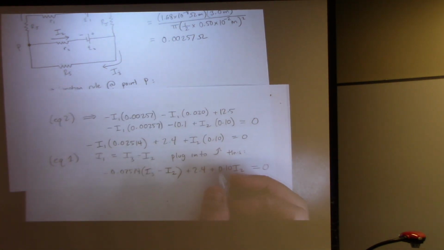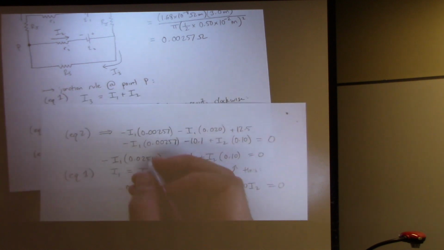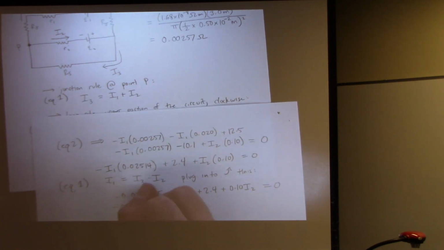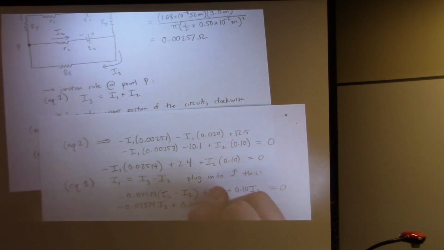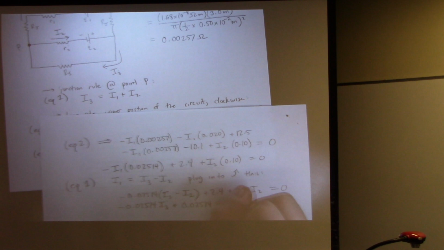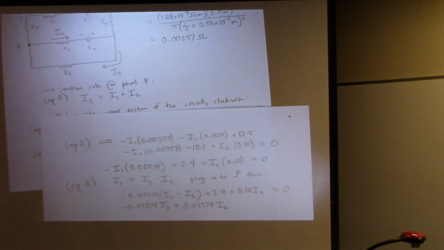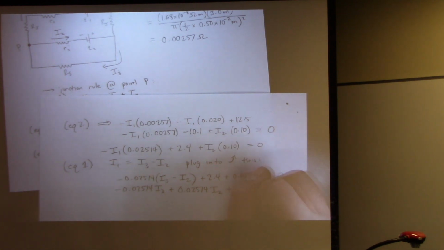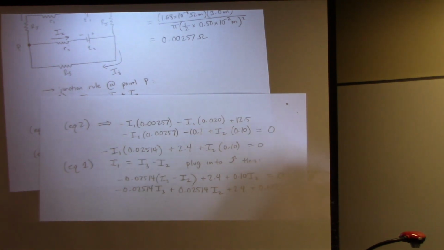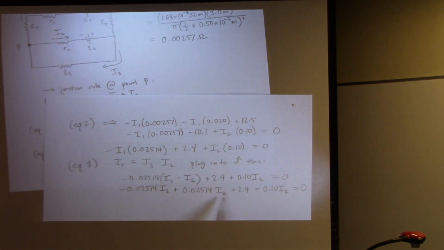Okay, let's expand out what's in the parentheses. So we have minus 0.02514 times I3, and then plus that same factor, 0.02514 times I2, just distributing into the parentheses, plus 2.4, and then plus 0.10 I2 equals 0. So if you look here, we have two I2 terms.